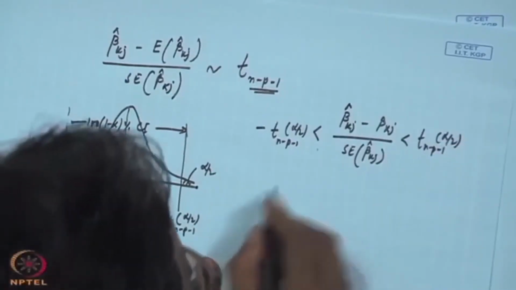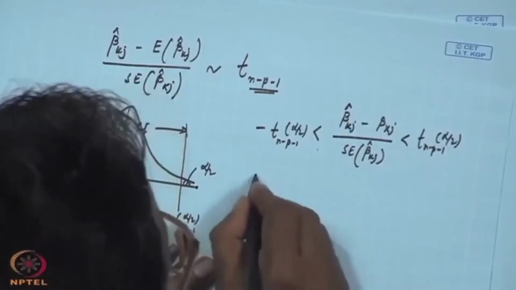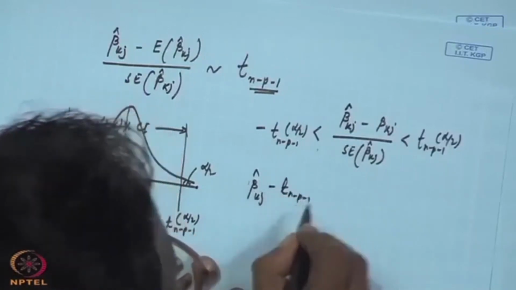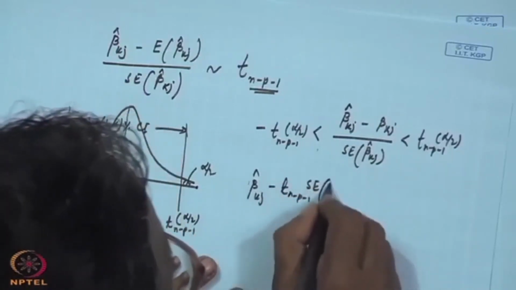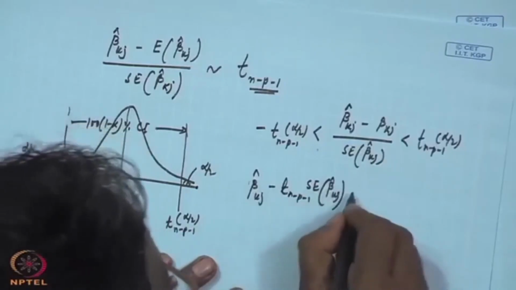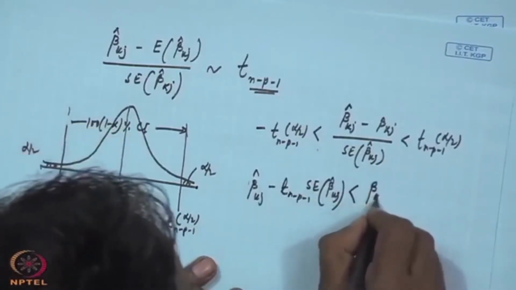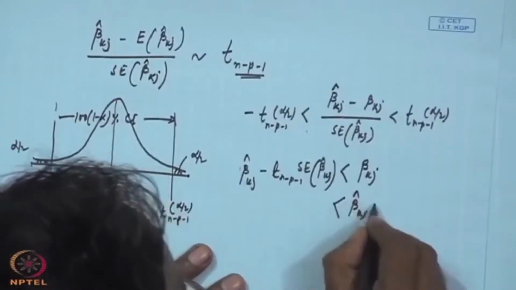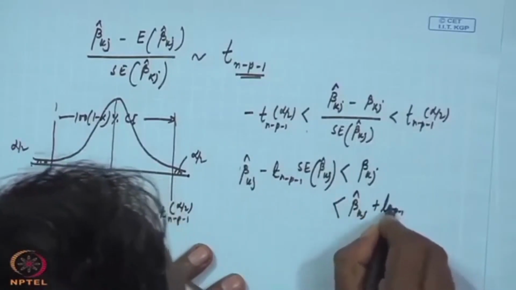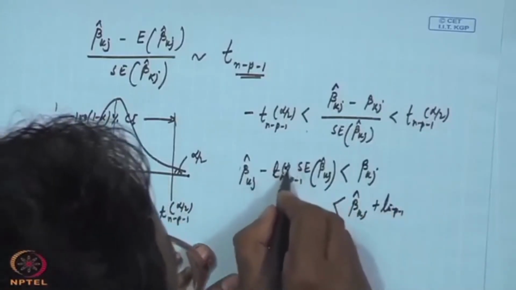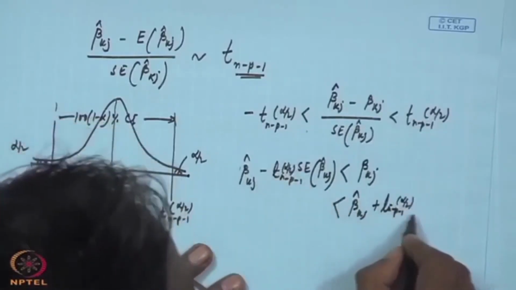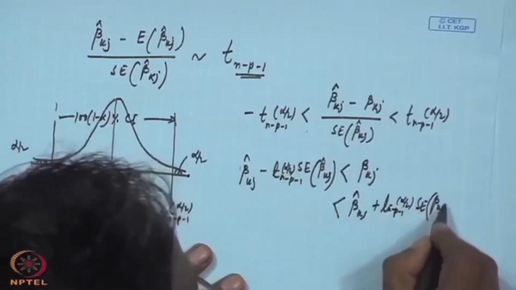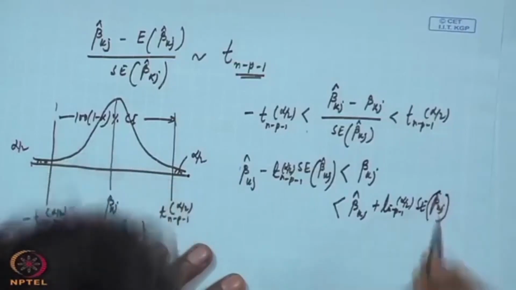So, ultimately your confidence interval will become beta kj cap minus t n minus p minus 1, alpha by 2, into standard error of beta kj cap, less than beta kj, less than beta kj cap plus t n minus p minus 1, alpha by 2, into standard error of beta kj cap.